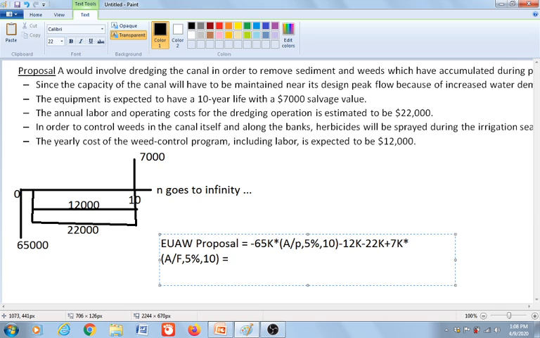If you look up the table, the final result that you will get is minus 41.861K.